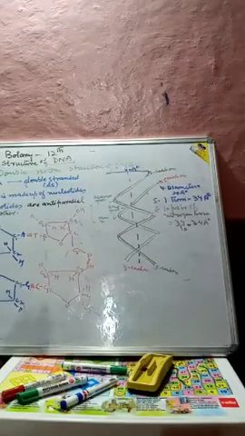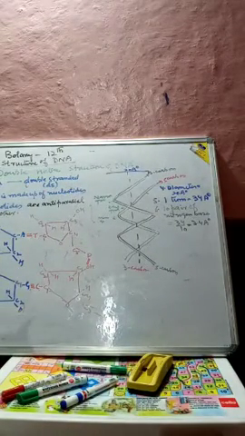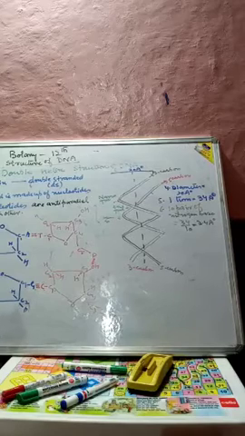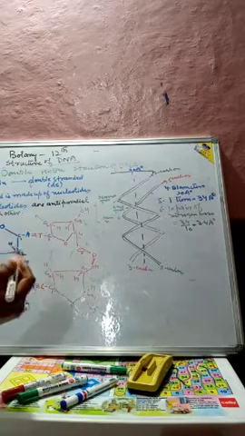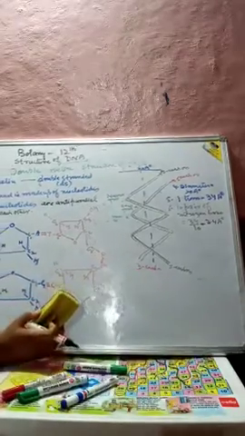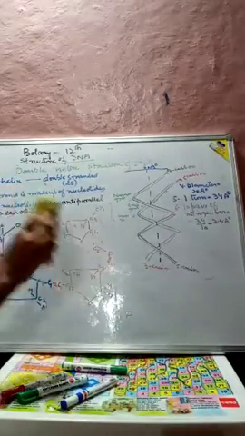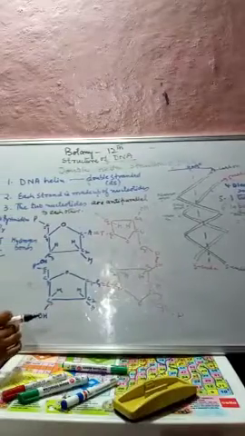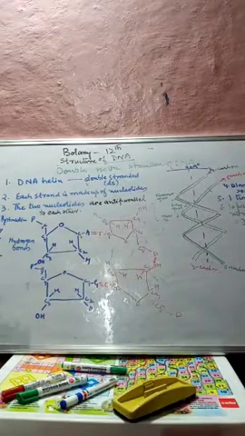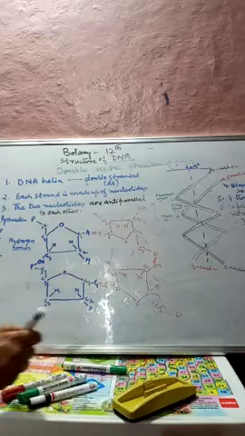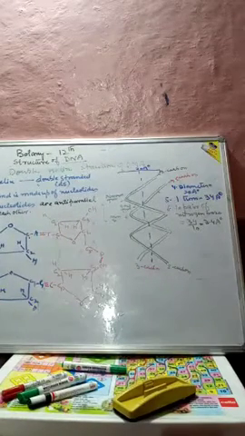One more point: Watson and Crick have also given us that there are 5 types of DNA.